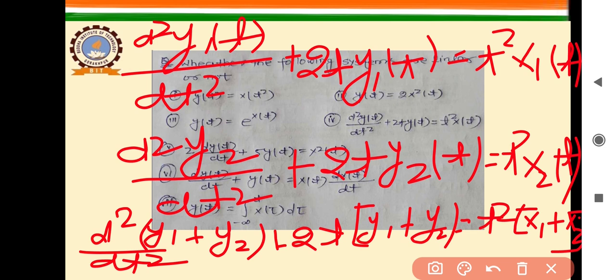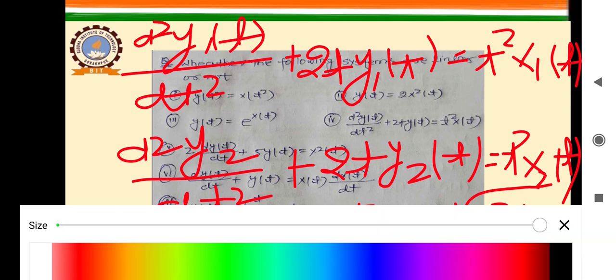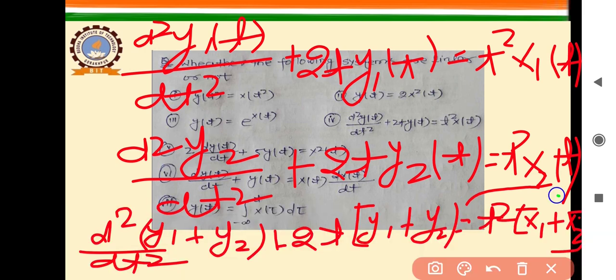After replacing x by x1 plus x2, I will find the right side as t square (x1 plus x2) here. If I replace x by x1 plus x2, the result will be same.